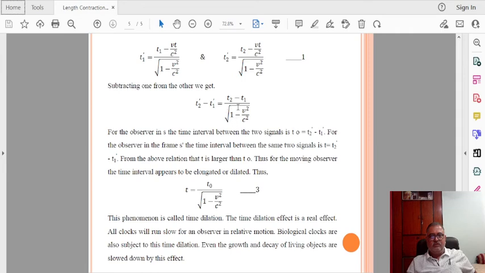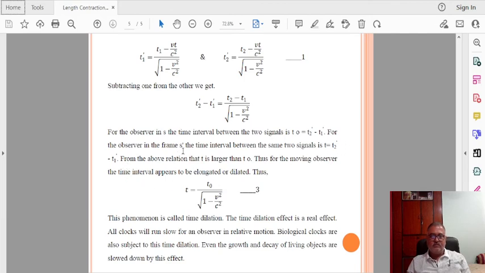When we subtract, the position term gets cancelled, and therefore t2 prime minus t1 prime equals (t2 minus t1) times root of 1 minus v square upon c square. For the observer in S, the time interval between the two signals is t0 equals t2 minus t1. For the observer in S prime, the time interval between the same two signals is t equals t2 prime minus t1 prime.